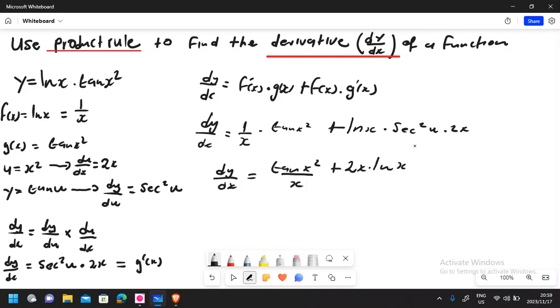But there's something that is not right here. We have u here, so we need to change this. You remember, u is the same as x squared, if you look at our formulas here. So we can say multiply by sec squared, and u here is going to be x squared.